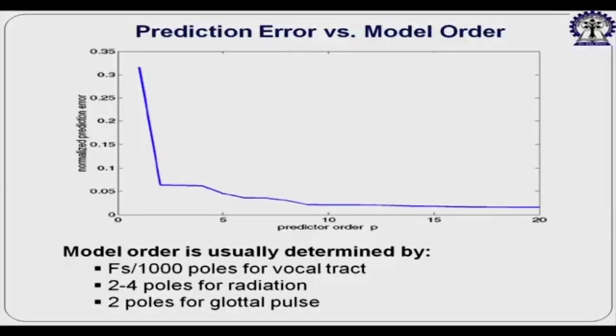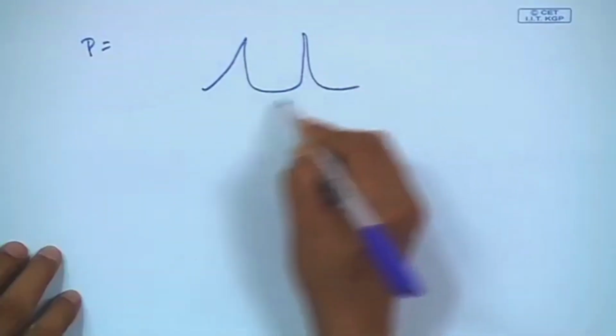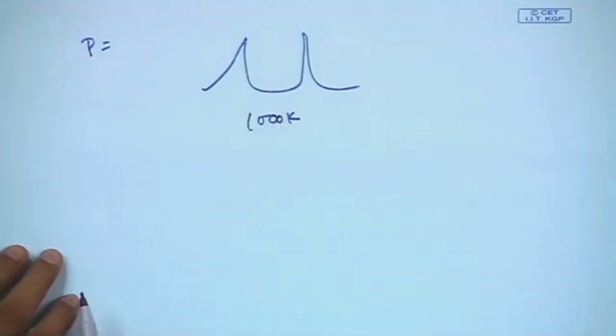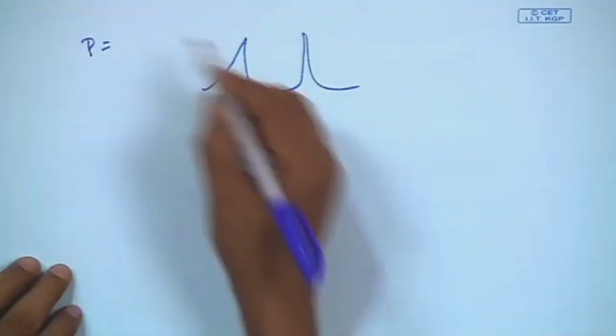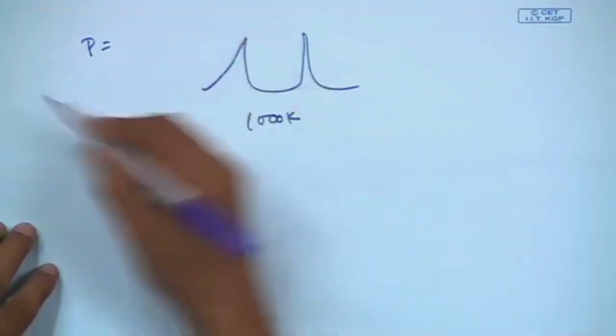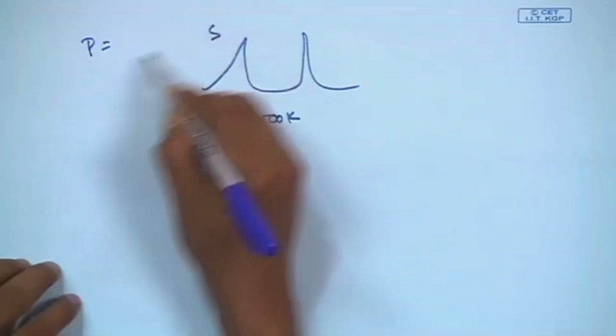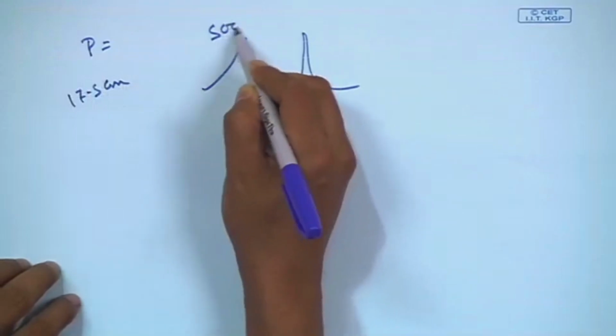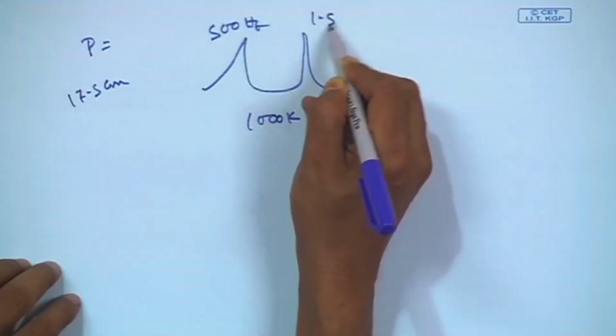If you see the tube model, the formants are separated by 1 kilohertz. If you remember from the first class, the uniform tube model, if the tube length is 17.5 centimeter, the first formant is 500 hertz, the next formant is 1.5 kilohertz.